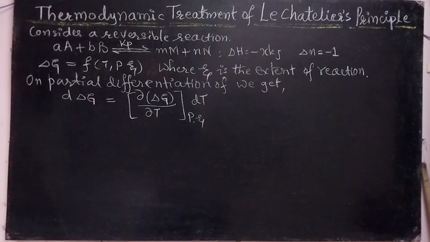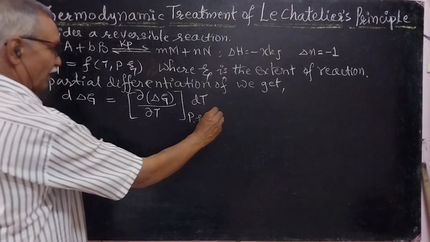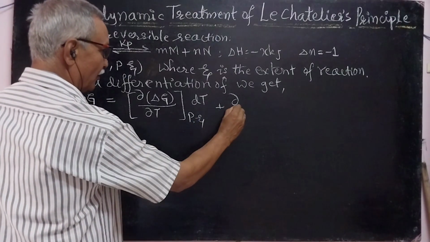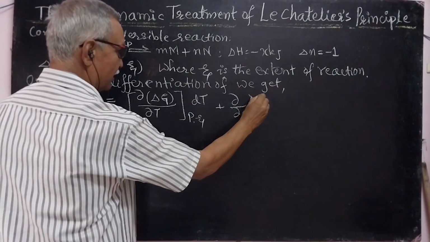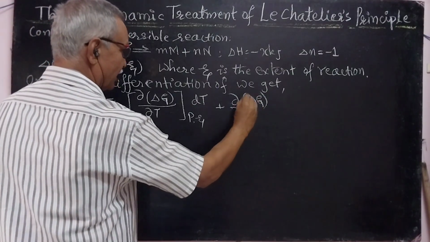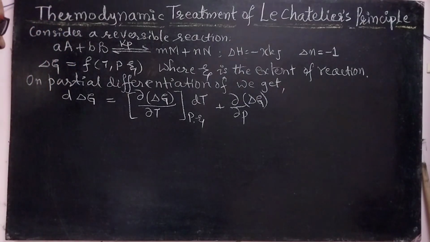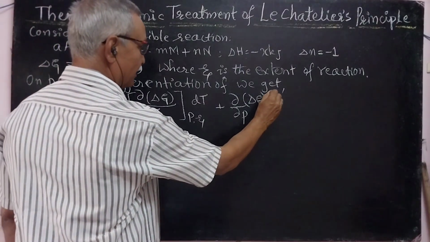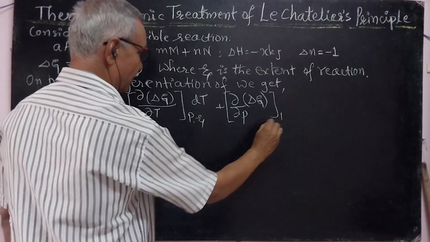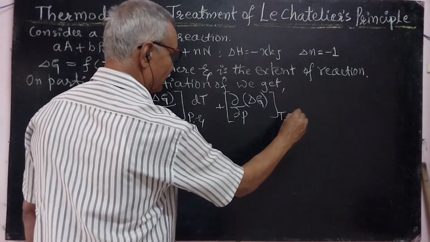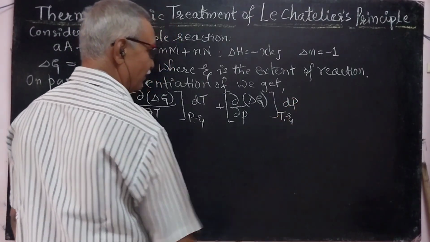As in the case of partial molar quantities, we can differentiate this in this way. Plus dou by dou P of delta G at constant temperature and epsilon, into dP.